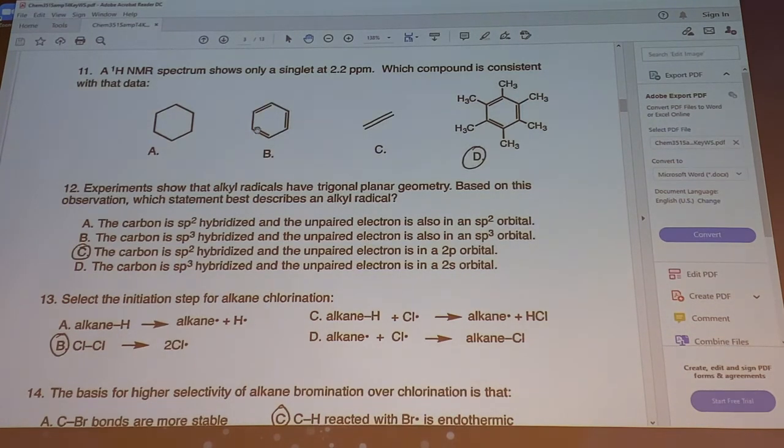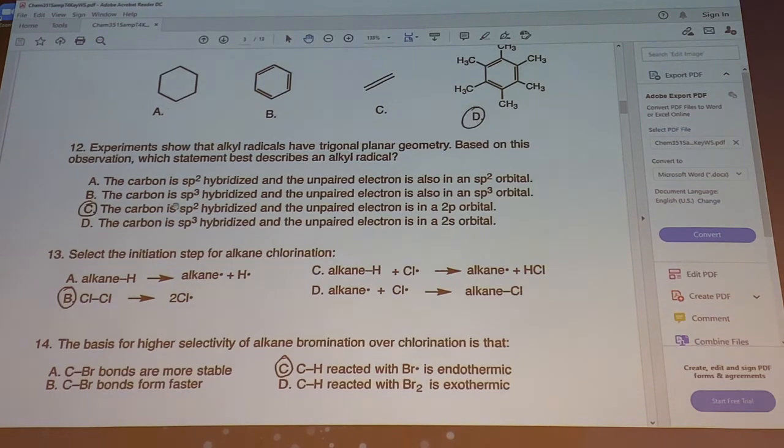And then aromatics are too far downfield. These would be a 7. Alkenes are at 5. But if you're alpha to an aromatic, yeah, these are benzylic positions. That would be the 2.5 range. Yep. So hexamethylbenzene would have 1 signal. It'd be a singlet. These are all equivalent hydrogens, and it resonates at 2.2.